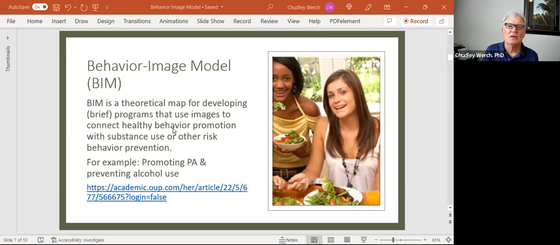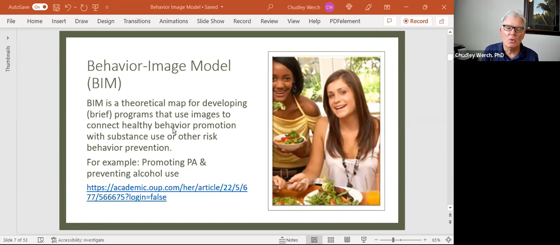But the key is BIM is a map for using image to connect health promoting behaviors like physical activity, nutrition, sleep, stress control, etc., with substance use avoidance or prevention. So for example, the BIM can be used to link promoting physical activity with preventing alcohol use.